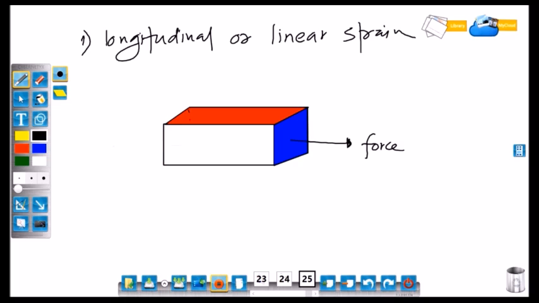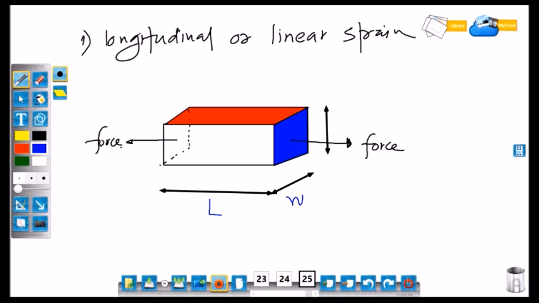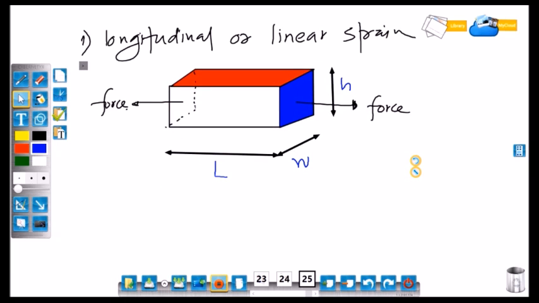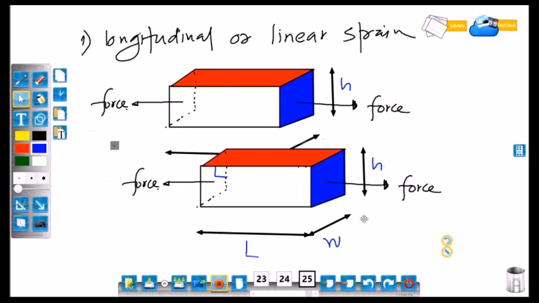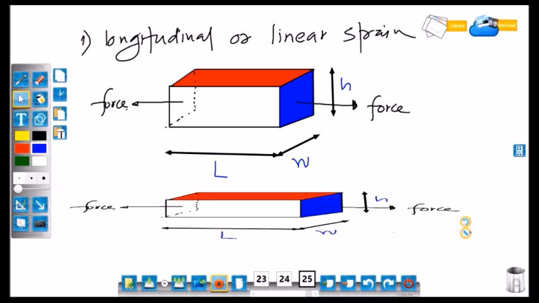What will happen? Due to tensile force, the body will get elongated, that is, changes in its dimensions. These are the length, width and height of the body.